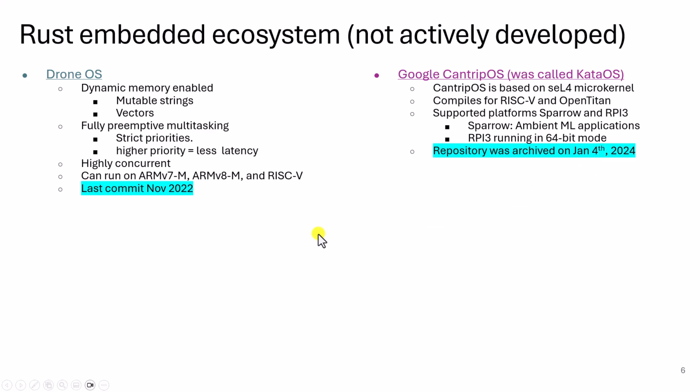Now we've looked at the Rust-based ecosystem and other operating systems. So time to turn back to Tock and start looking at some of the details of the Tock operating system.